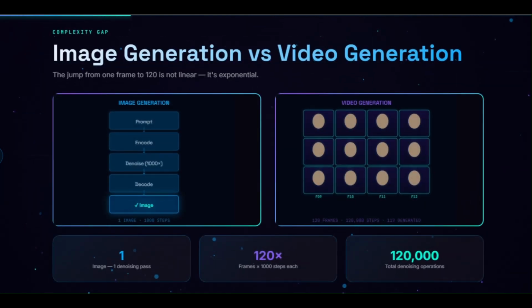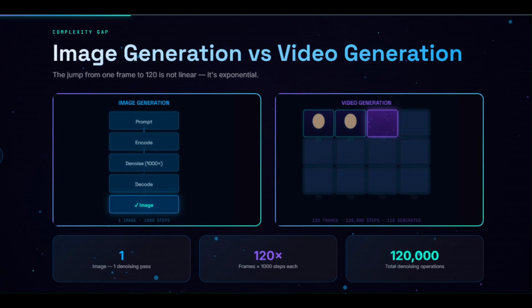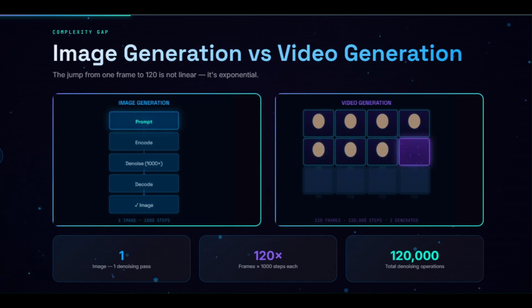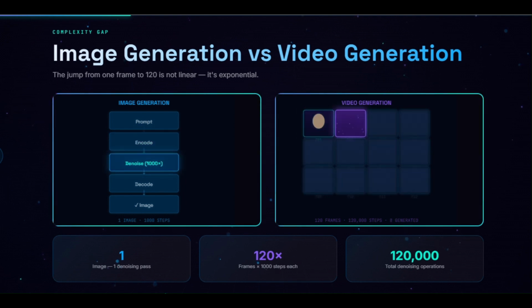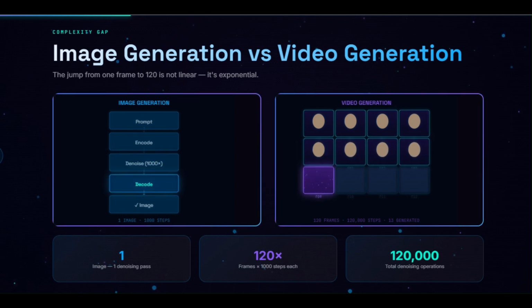Let's compare image generation and video generation. For an image, the model performs one complete denoising process. That's it. For a 5-second video at 24 frames per second, we need around 120 frames. If each frame requires roughly 1000 denoising steps, that's approximately 120,000 denoising operations.